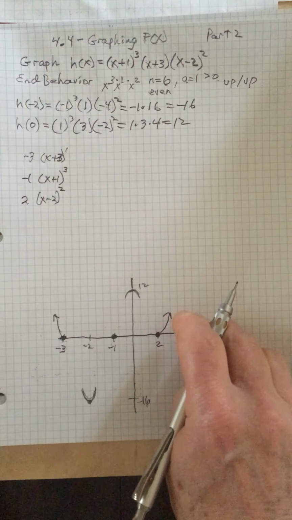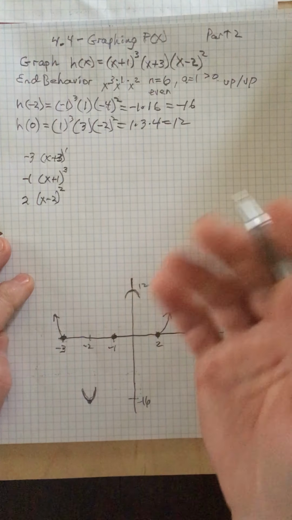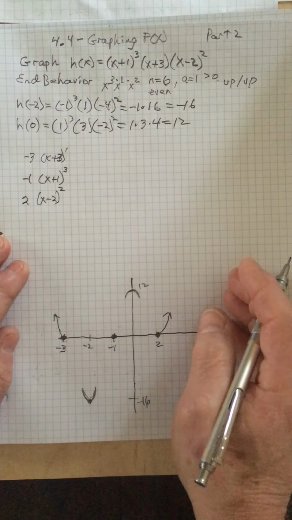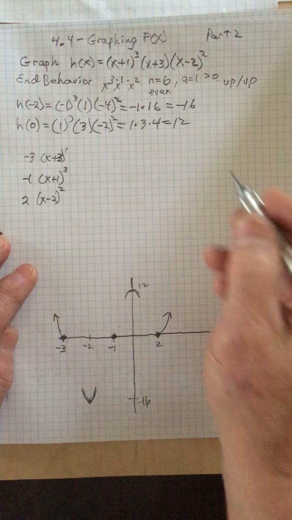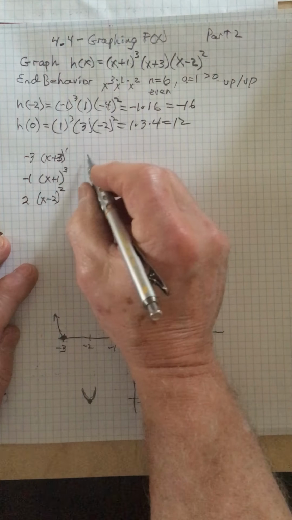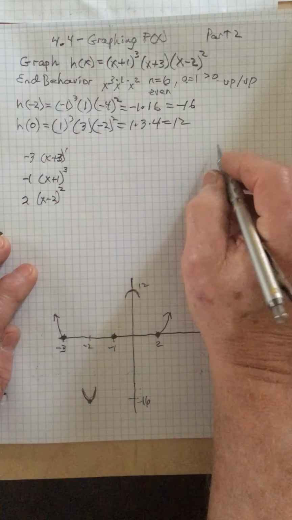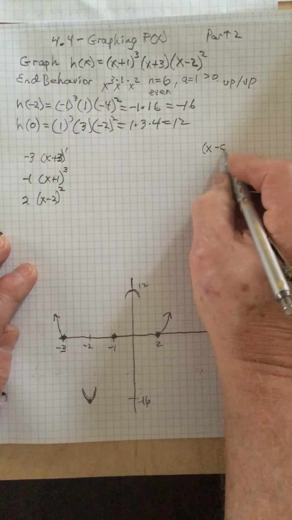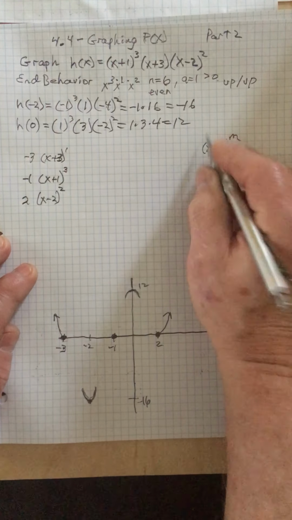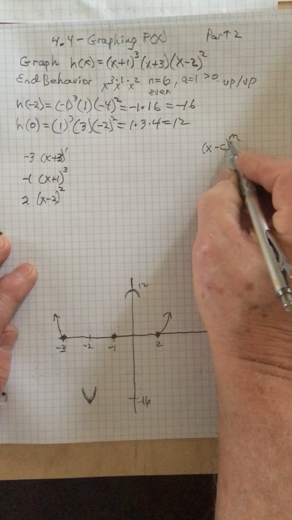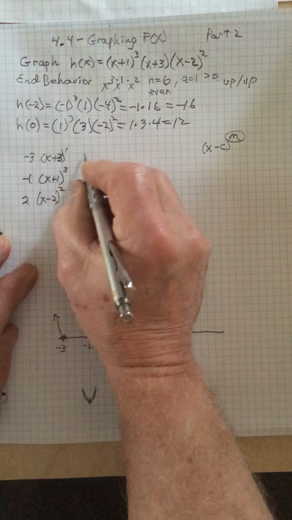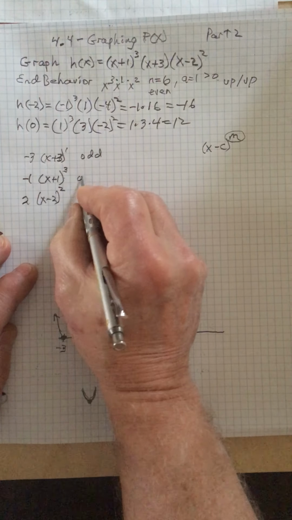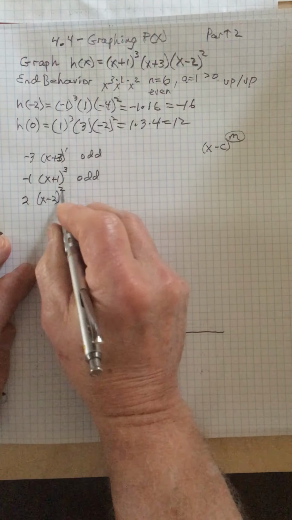So recall, we want to look at whether it is even or odd, and then we want to find out how big it is. Rather than n, this was our multiplicity rule here. So here m is odd, here m is odd, and here m is even.